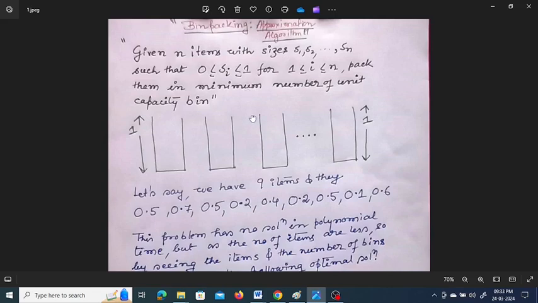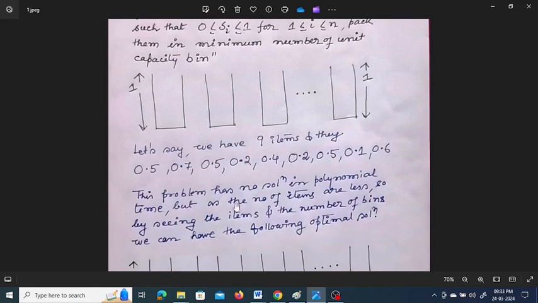This problem is an NP complete problem. It has no solution in polynomial time, but as the number of items is small here, before that let us see this. The size of the bin is 1 unit, and let's say we have 9 items, with sizes 0.5, 0.7, 0.5, 0.2, 0.4, 0.2, 0.5, 0.1 and 0.6, in random order.